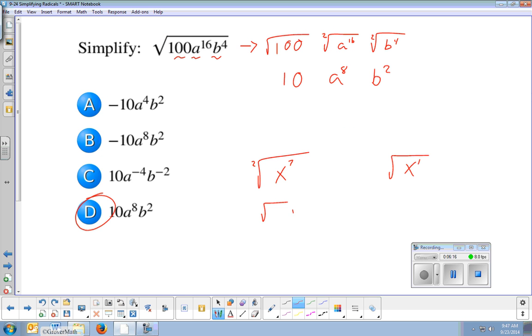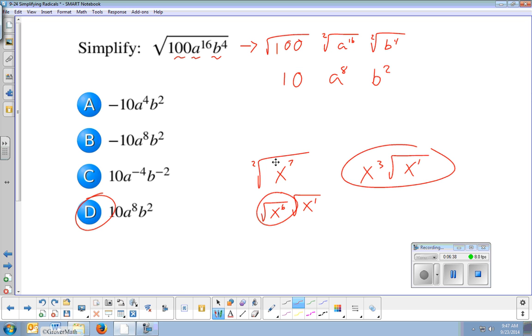You need to split it up into 2 radicals, leaving 1 inside that one and 6 in this one. So if I split x to the 7th into x to the 6th and x to the 1st, I can now simplify the x to the 6th to be x to the 3rd, and x to the 1st stays in, so it's x cubed radical x.